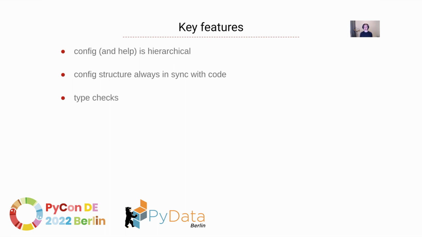These two will always be in sync. And the last point we've just seen is type checks. JsonArgParse checks for a lot of types, and there are many cool types defined, like paths, regex, restricted ints. Check it out, what's available there.